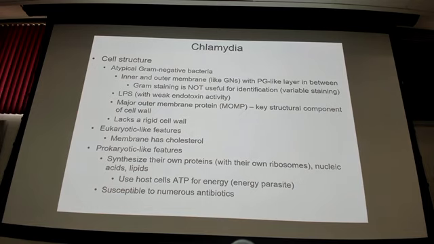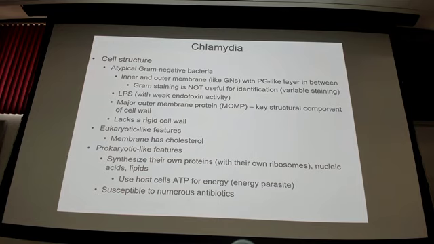Okay, in terms of the cell structure of Chlamydiaceae, they are considered to be gram-negatives, but they've got some distinctive features. They have the inner layer and the outer layer of the cell wall that we've talked about, the phospholipid bilayer. But in the middle, we're used to seeing a peptidoglycan layer for gram-negatives.